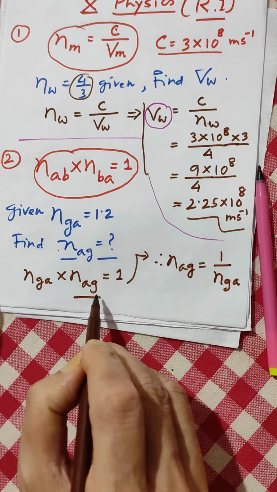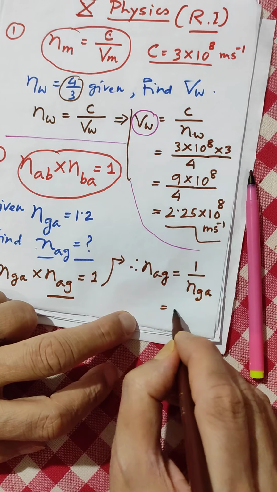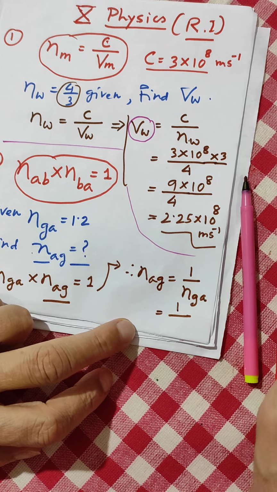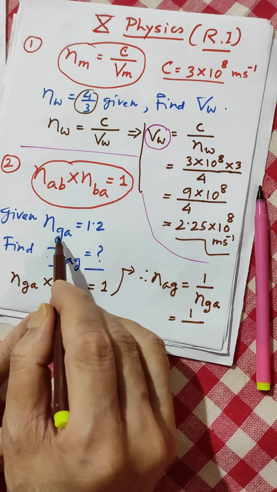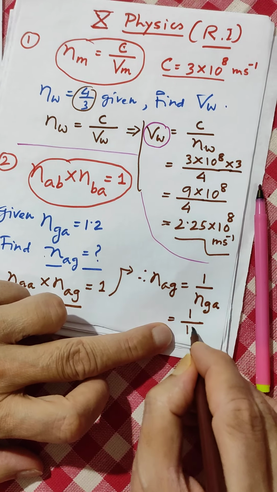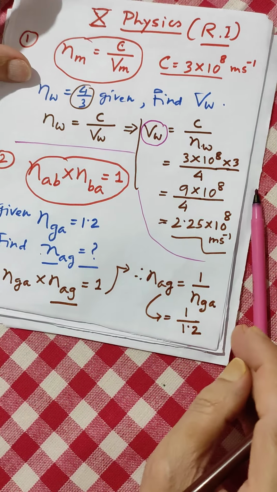Now put the value. The value given is 1.2, so 1 by 1.2. So we got the answer.